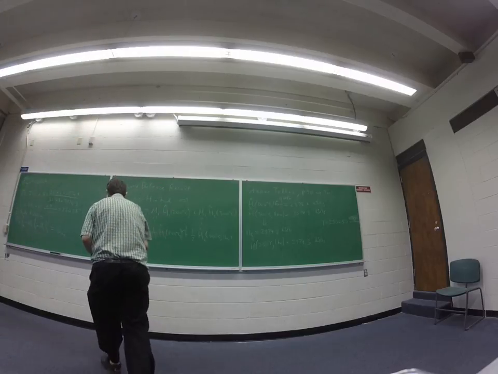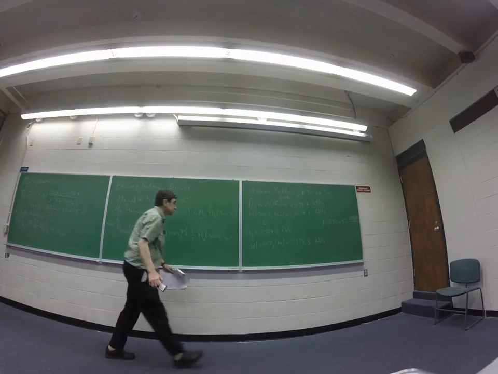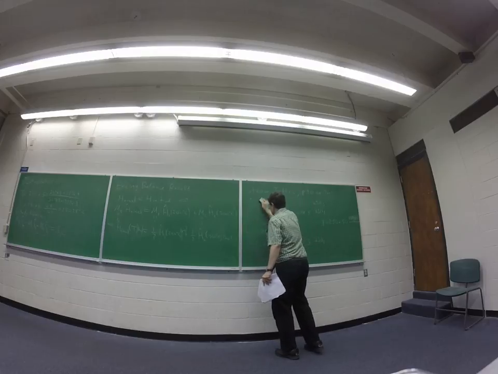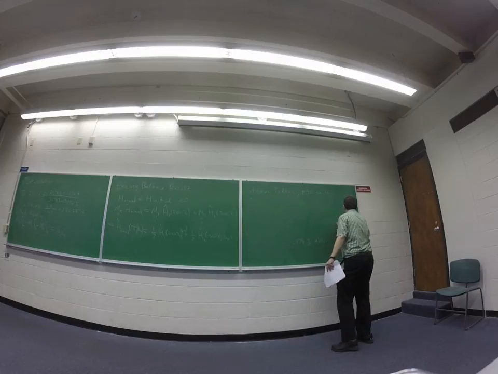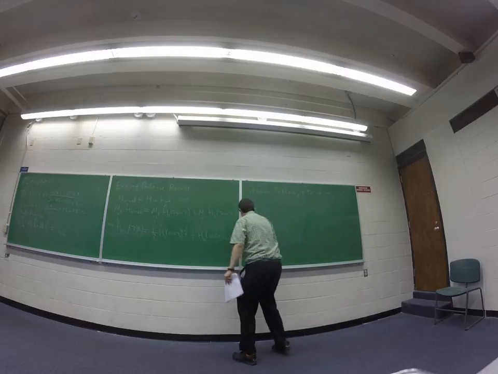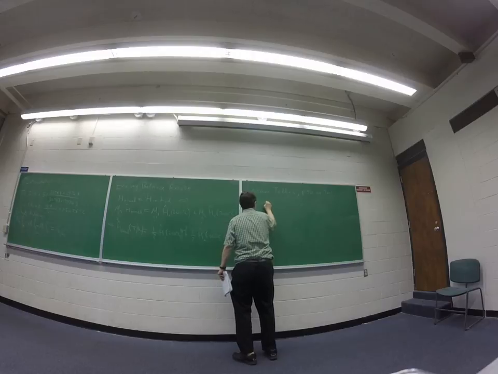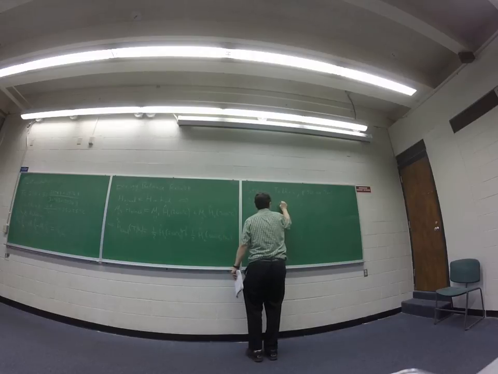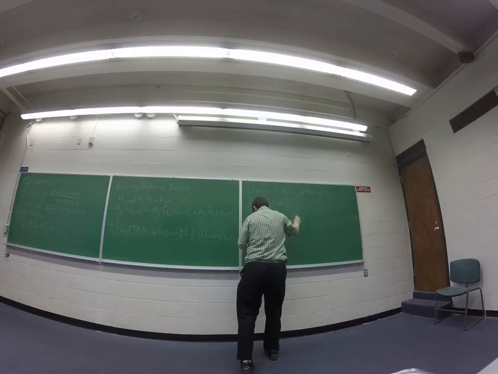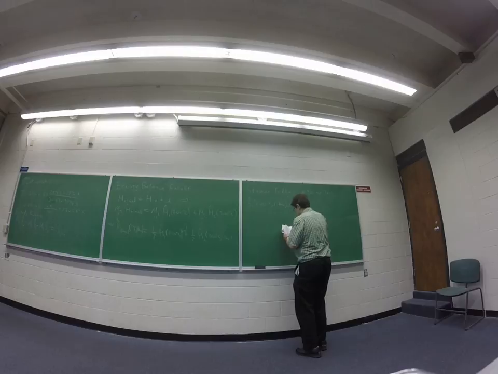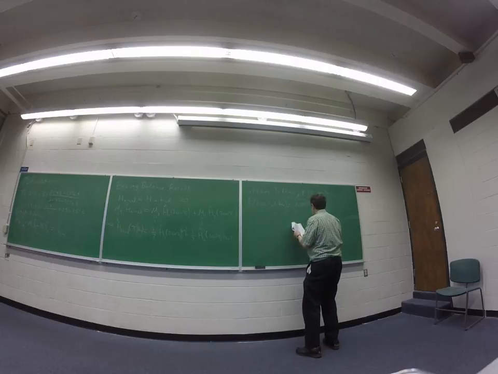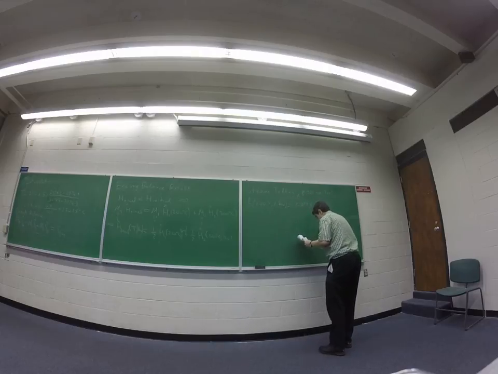So from steam tables, we will find S hat at 200, 1 bar, that is 7.8343 kilojoules per kilogram Kelvin or C.